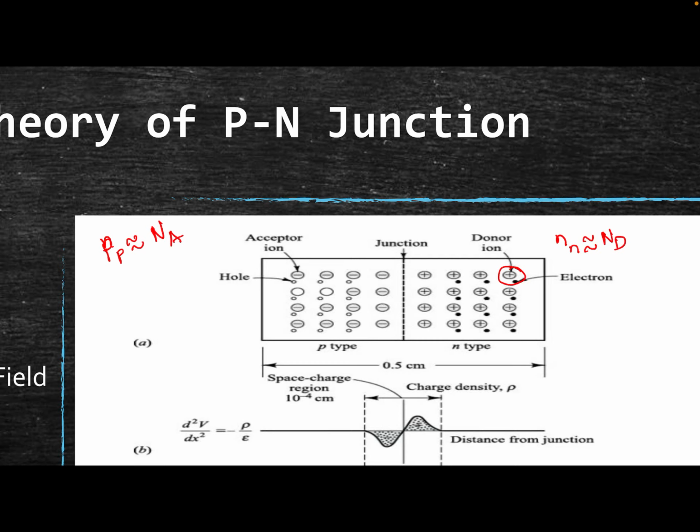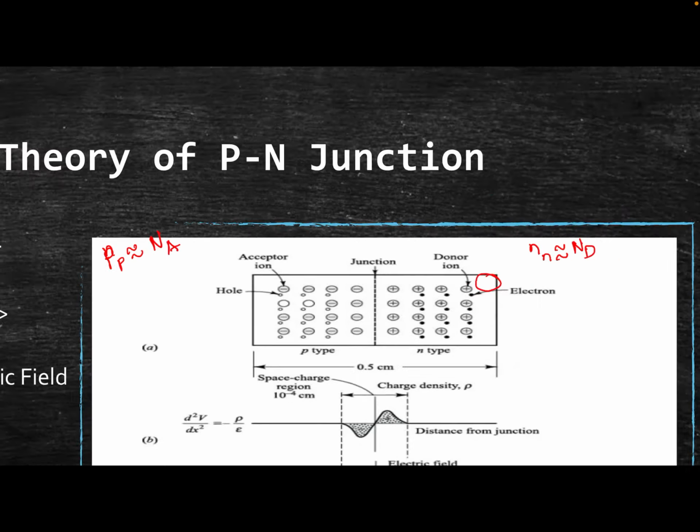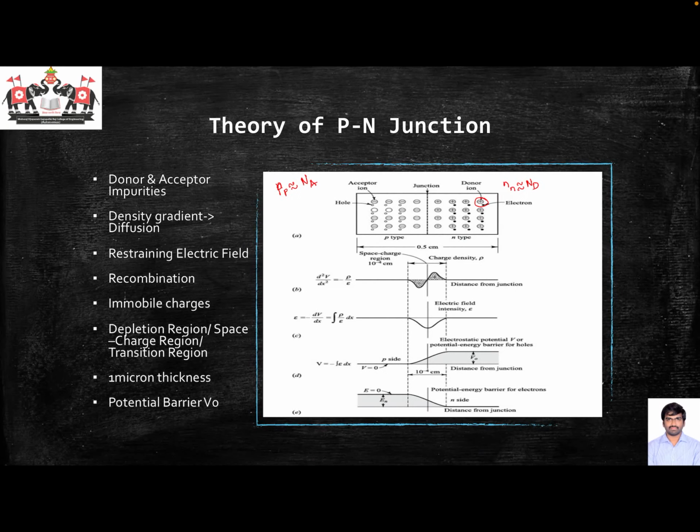So we have an excess of holes on the p side and an excess of electrons on the n side. Because of the concentration gradient, meaning a high concentration of holes on the p side and a lower concentration of holes on the n side, we'll see a phenomenon called diffusion. What is diffusion? Diffusion is nothing but movement of particles from the higher concentration side to the lower concentration side.